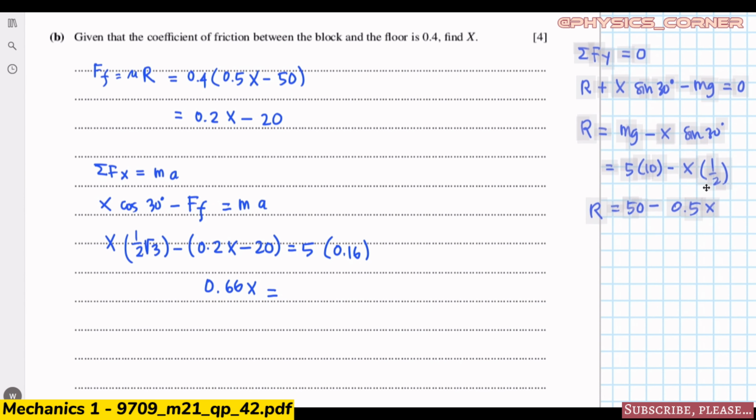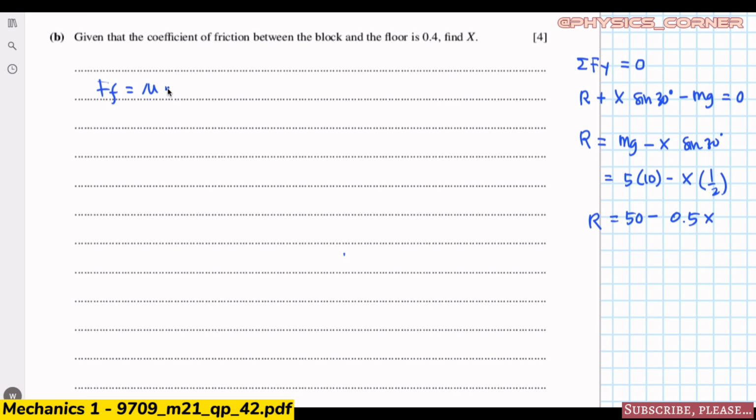The frictional force equals mu times R, equals 0.4 times (50 minus 0.5x), so this equals 20 minus 0.2x. Then the total force in the horizontal direction is mass times a.